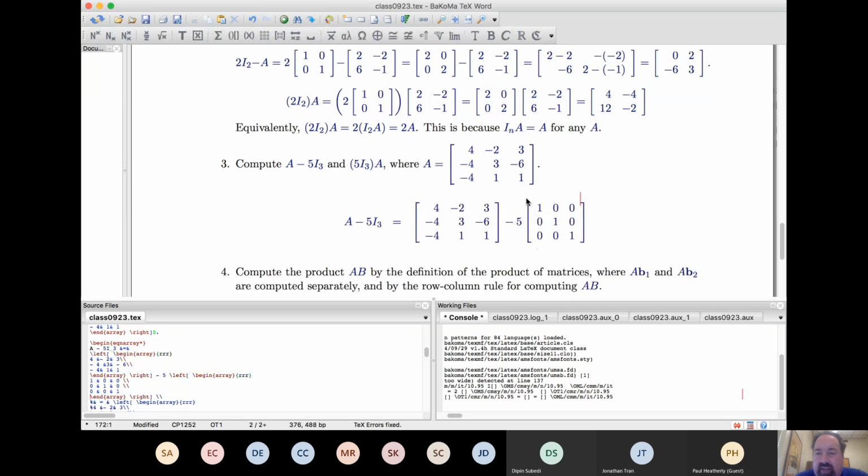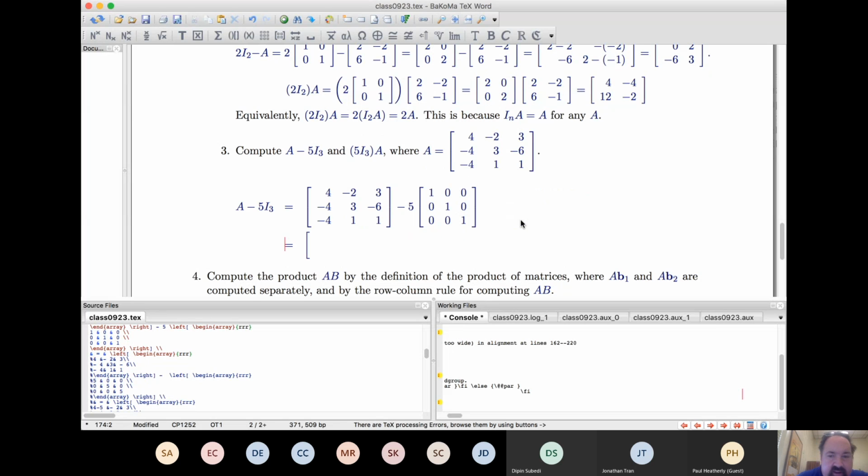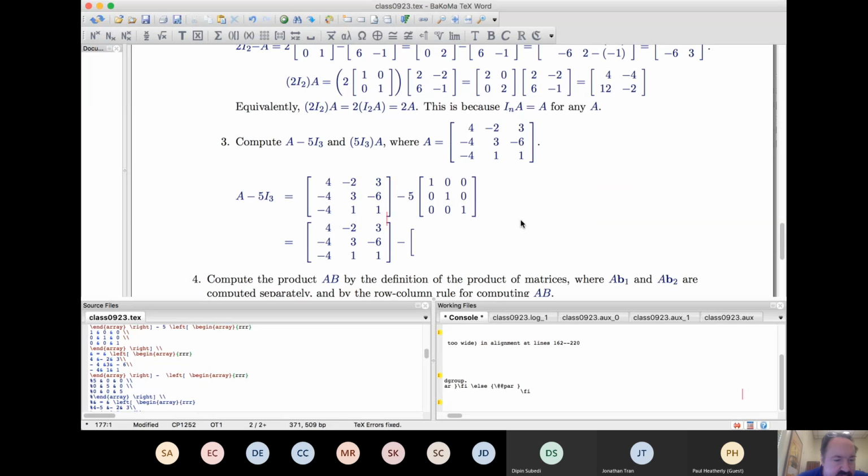All right. So here I have a 3 by 3 identity matrix. Again, 1's down a diagonal, 0's elsewhere. But that's multiplied by 5. So then I just go ahead and carry out that scalar multiplication.